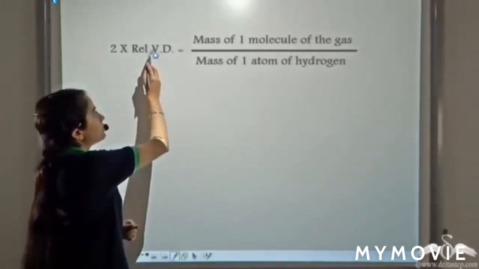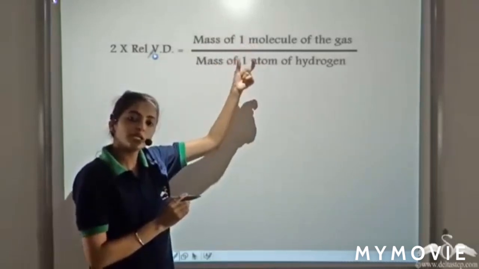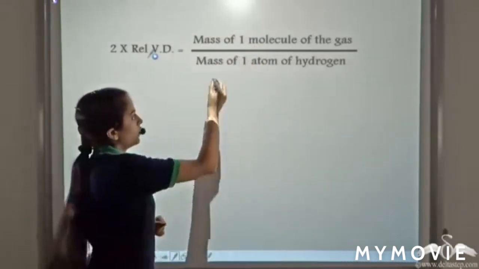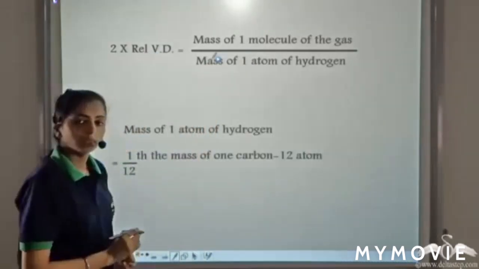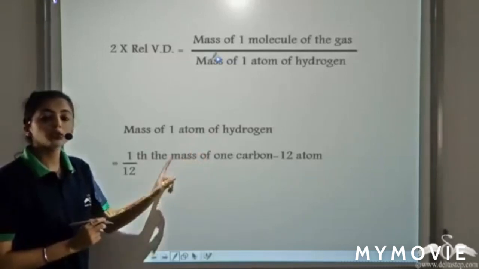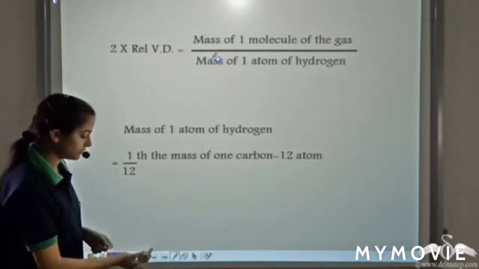So you see that the relative vapor density is the mass of one molecule of the particular gas divided by the mass of one atom of hydrogen. If you remember, the mass of one atom of hydrogen is equal to 1/12 times the mass of one atom of carbon-12.